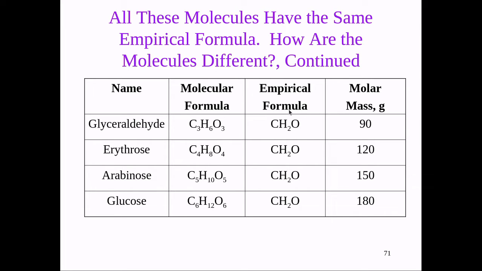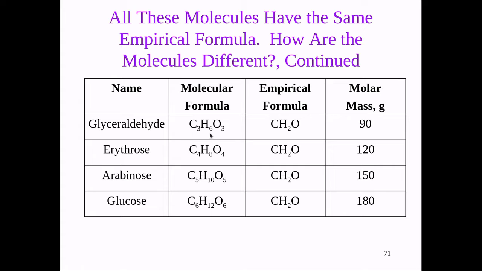Now, if we calculated the molar mass of CH2O, we see that that is 30 grams per mole. So 3 times that is 90, 4 times that is 120, 5 times that is 150, and 6 times that is 180. So it's pretty clear, if you think about it, that if you took the molar mass of 90 divided by 30, you get 3.